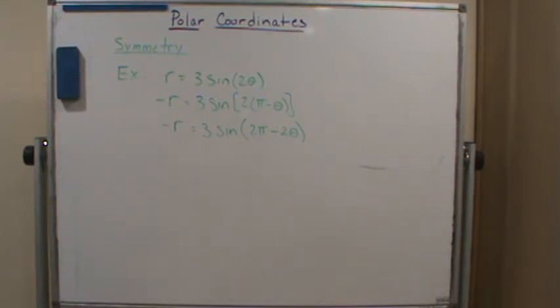And so now we can use the identity that comes with the sum of two angles.